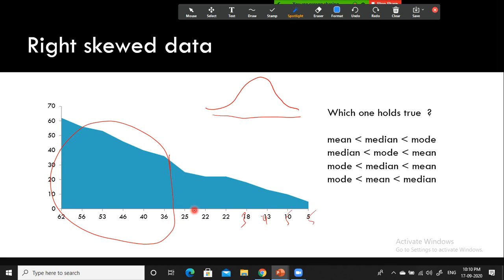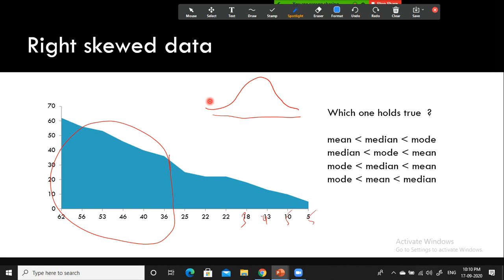Only a few customers spend more, and the majority of the customers spend between 36,000 and 62,000. In this case, the tail is so long here.